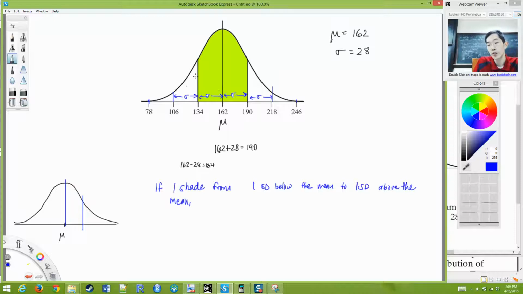Okay, so if the total area under the curve is 1 or 100%, this area in lime green, or whatever color this is, would be approximately 68%.